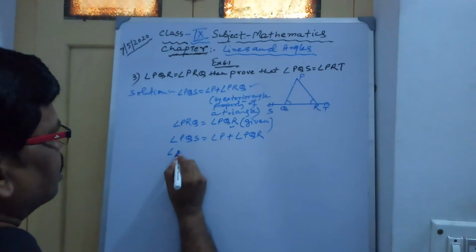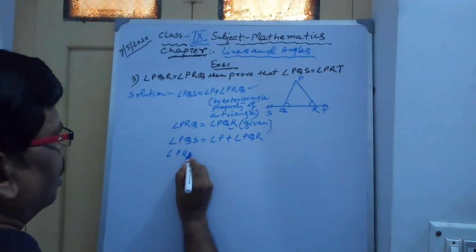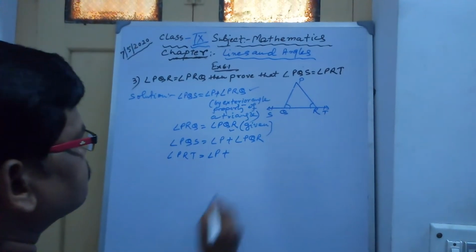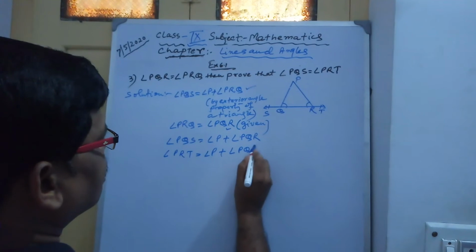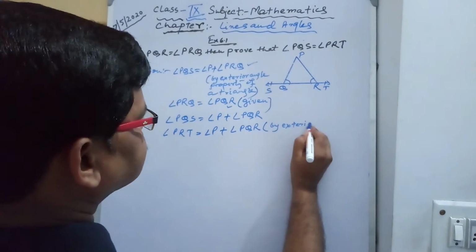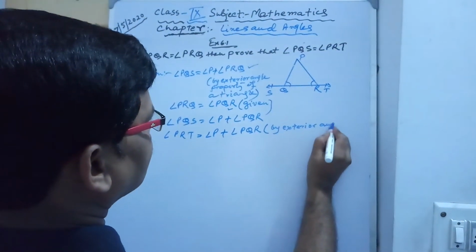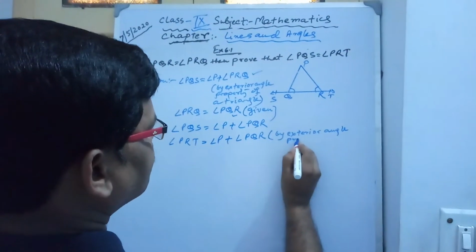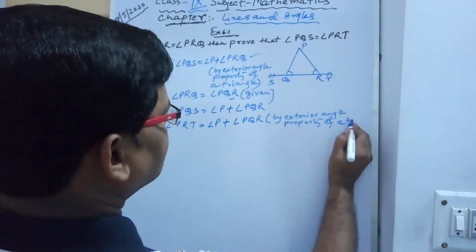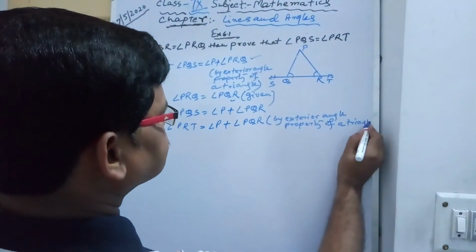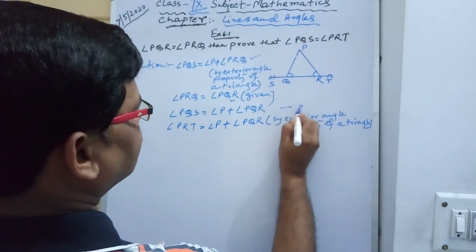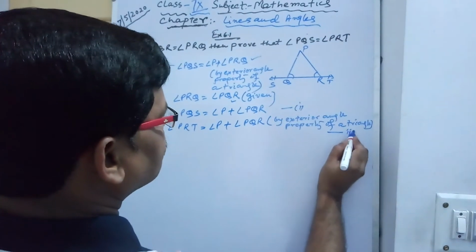Now angle PRT equal to angle P plus angle PQR by exterior angle property of a triangle. Now write that one, this one 2.